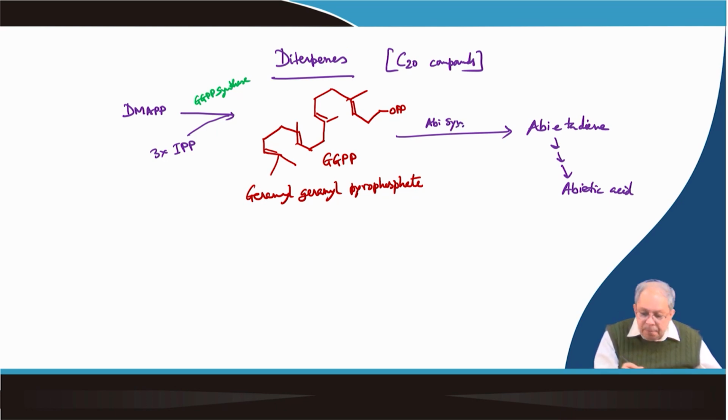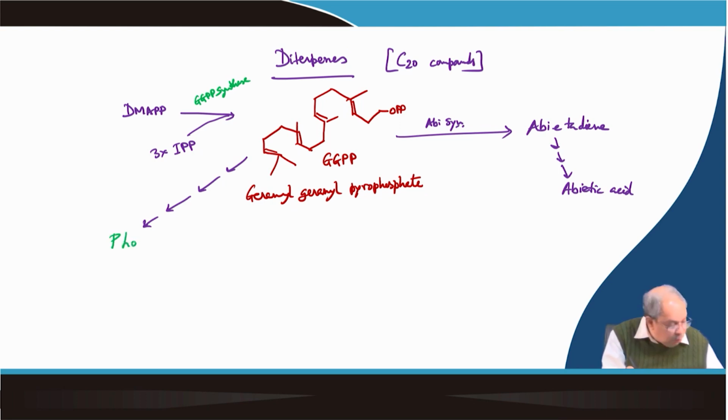Similarly, one route contributes towards the formation of phorbol, an ester found in latex bearing plants, particularly Euphorbiaceae.